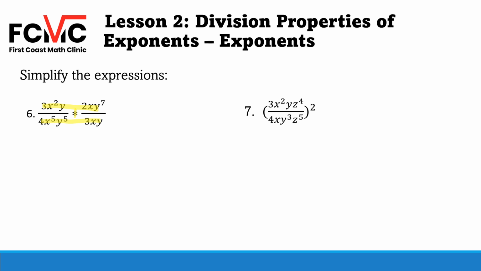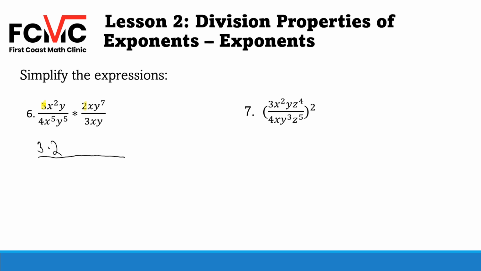So I'm going to rewrite this as one fraction, just grouping together the terms that I'm going to multiply, right? And then in my numerator, I'm going to multiply, let me highlight this, the 3 and the 2. That's 3 times 2.